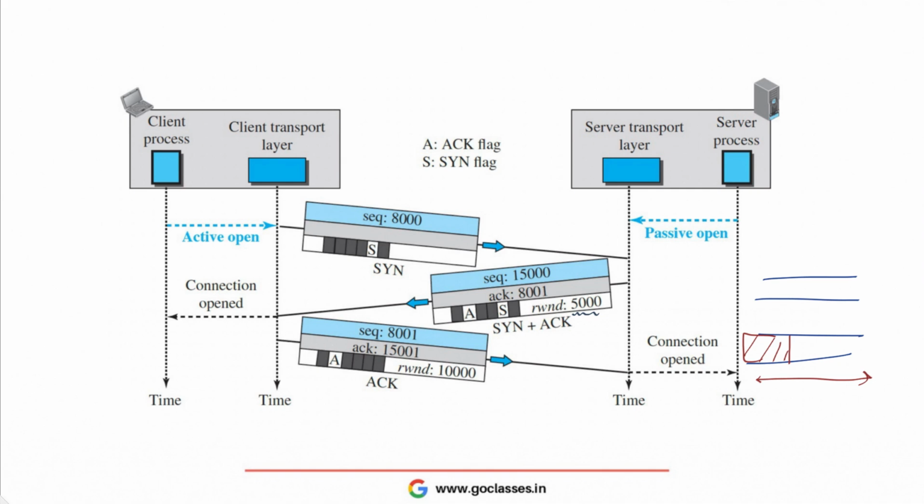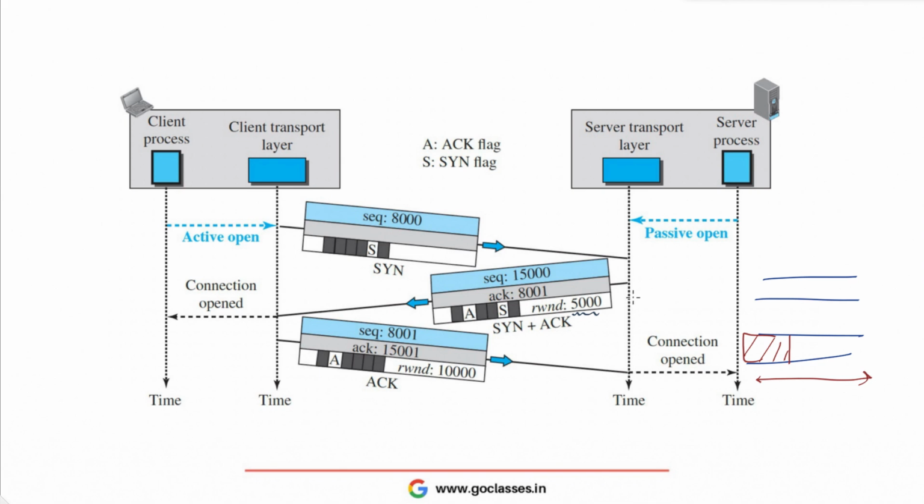And now the client will say that, okay, let's just acknowledge it. So client will say that, okay, now I am expecting something that starts with 15001 and my window size is 10000. So whenever this acknowledgement is 1, then I am also advertising the window size, that is receiver window size. And that's how we do the connection establishment phase.